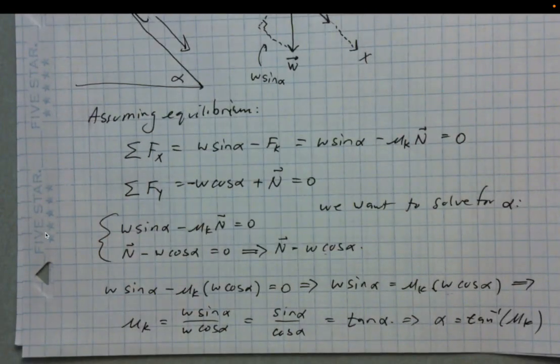which is kind of interesting, right? So the angle needed to maintain equilibrium doesn't appear to depend on the weight of the sled at all. It's really just the inverse tangent of whatever the kinetic friction coefficient is. Right? That's a little unintuitive. You might have thought, oh, the angle depends on how heavy the sled is.